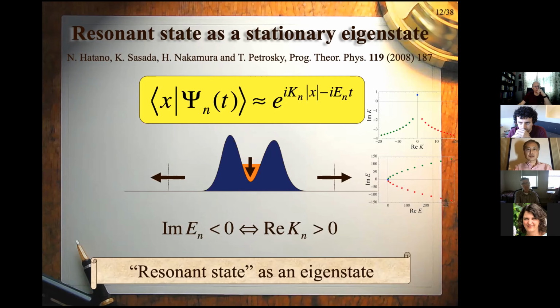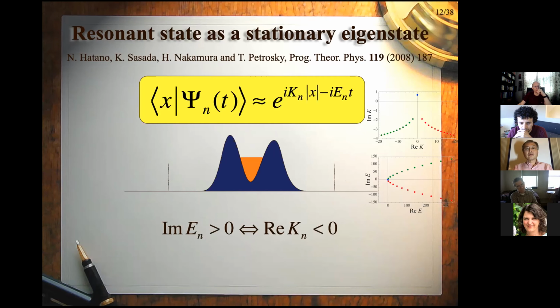The anti-resonance state, these green states, is the time reversal of the resonance state, because now the imaginary part of the energy eigenvalue is positive, and if you insert it here, it grows in time. The real part of the wave number is negative, which means waves are coming in like this.